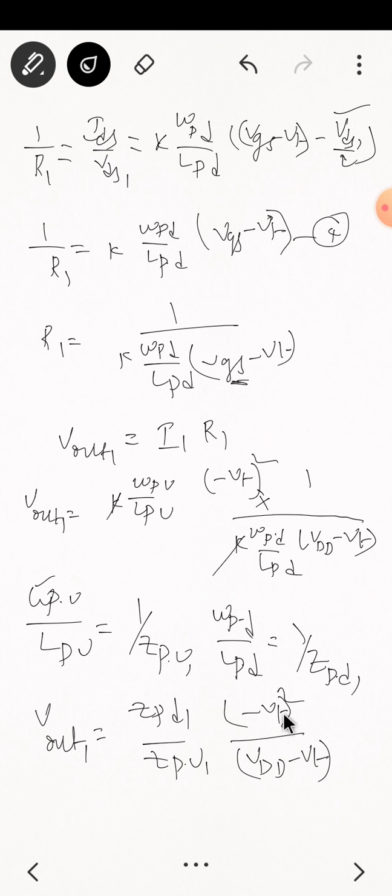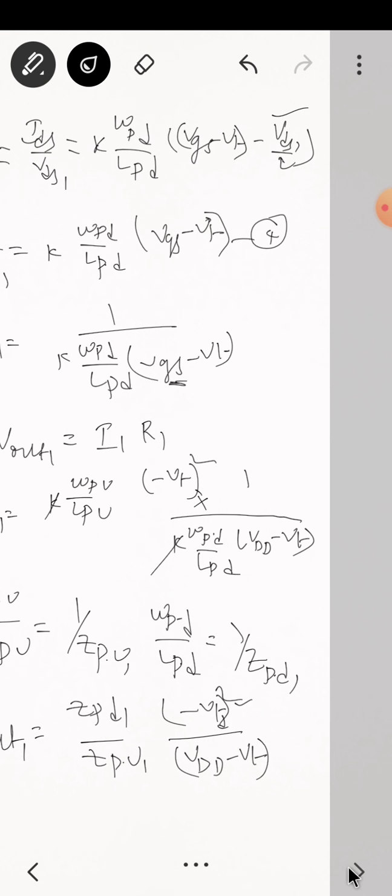This is for the depletion mode transistor VD. For the inverter 1 is completed, V out 1 we got that. Next I would like to find V out 2. V out 2 is equal to I2 into R2.